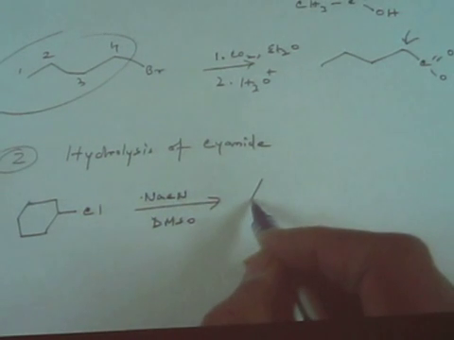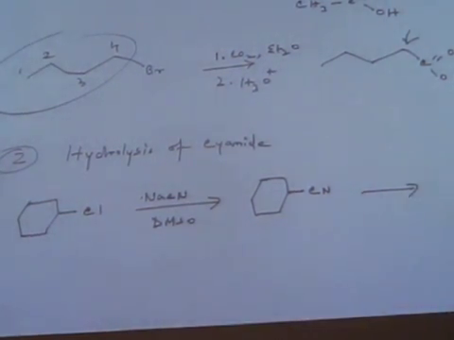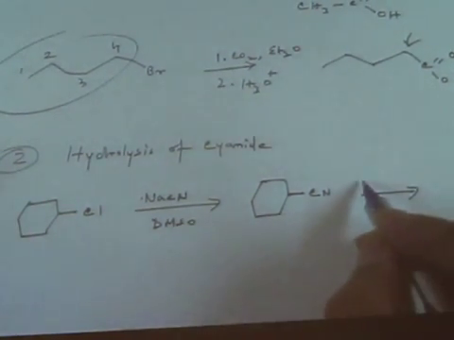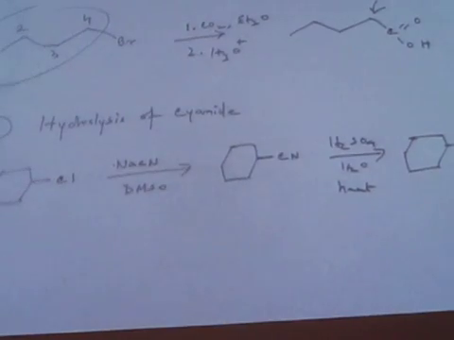So you displace the chlorine with the cyanide, and then you hydrolyze that using aqueous acid, so H2SO4, water, and then heat. That would hydrolyze the cyanide to a COOH group. So that's another method that anytime you can make a cyanide, you can carry out this type of transformation.